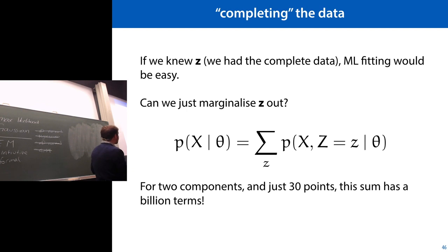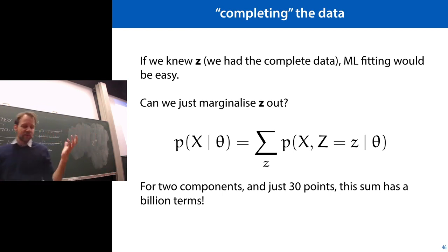So if you have n x's, you get 2 to the power of n different assignments of points to components. And this is one of those exponential functions that grows very quickly. So even if you have just 30 points in your data set, which is very small for a data set, and just 2 components, you already have 1 billion terms to sum over. So it's a huge, huge sum that you can never compute. So we need something better.